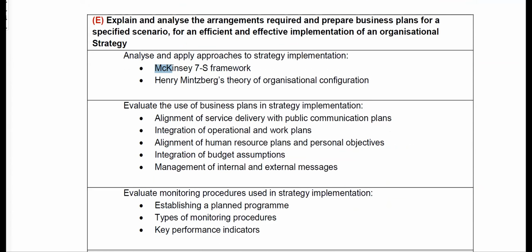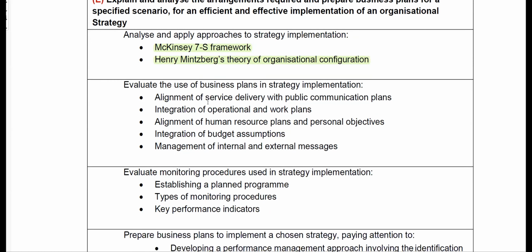First of all, we must know McKinsey's 7S framework. We must know Henry Mintzberg's theory of organizational design. That is, you have to look at the organizational stereotypes, and you have to look at the building blocks of every organization, the strategic apex, middle line, operating core, techno-structure, supporting staff, right? You have to evaluate and use business plans in strategy implementation.